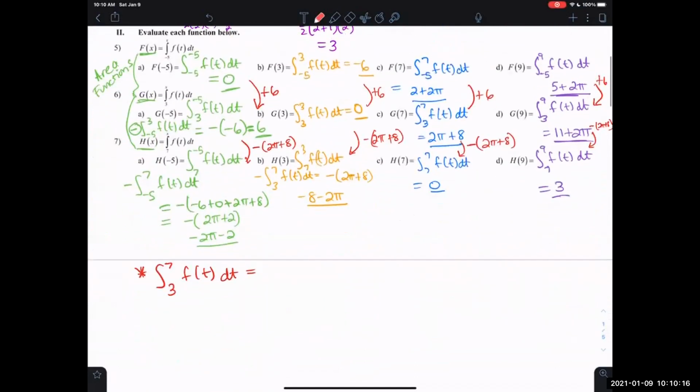Okay, so we think about that, right? It is equivalent to saying, capital F, or antiderivative of f, evaluated at 7 minus antiderivative, capital F, evaluated at 3.